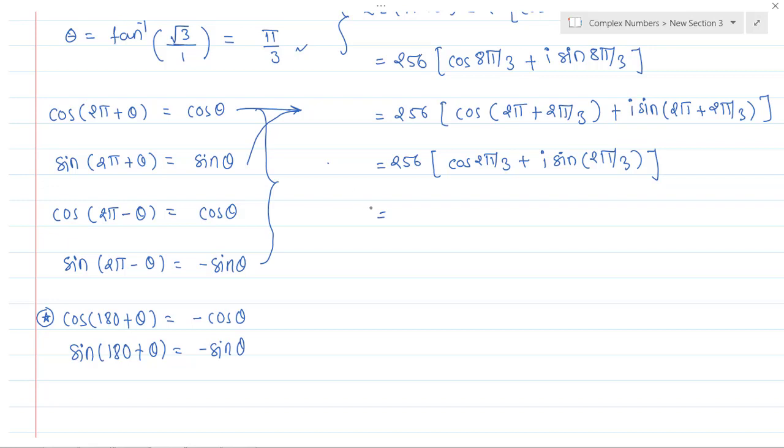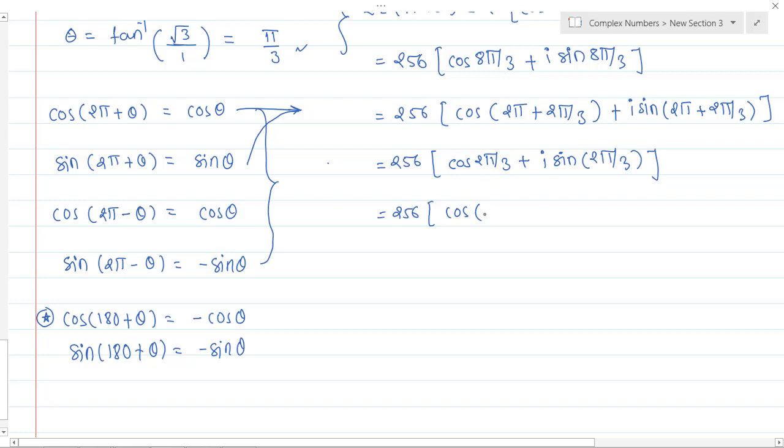So coming back to this, 256 into cos 2 pi by 3 is how much? Cos 2 pi by 3 is actually how much? It's 120 degrees, and we have already found the value of cos of 120 degree. See, you will need the basics again. 120 means what?